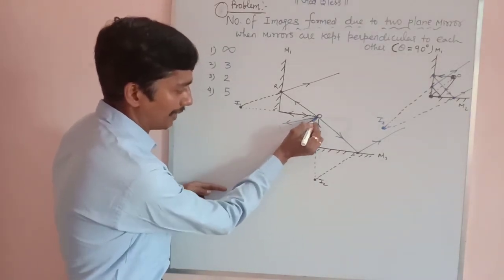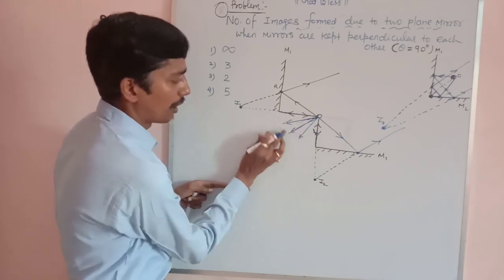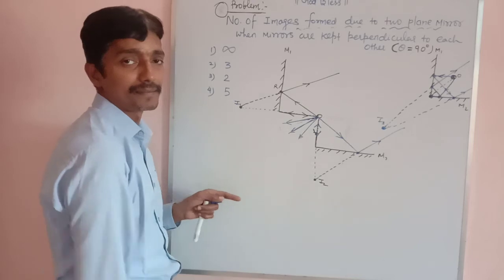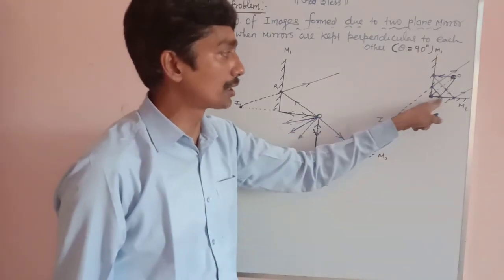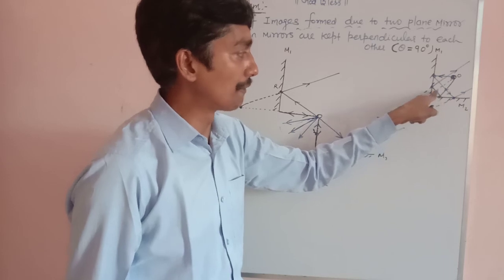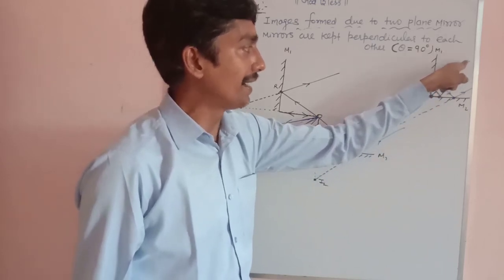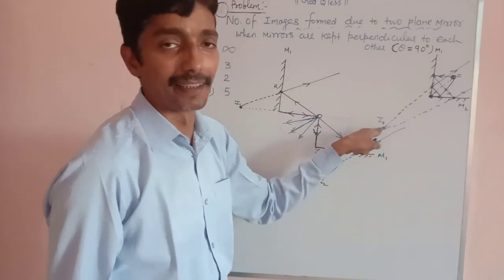I draw the light from the point object here, it is not falling on the mirror. But in previous case, it was falling on the mirror. One ray fall on mirror M2, reflected from M2, went on M1. From M1 it reflected here and produced back inside the mirror.